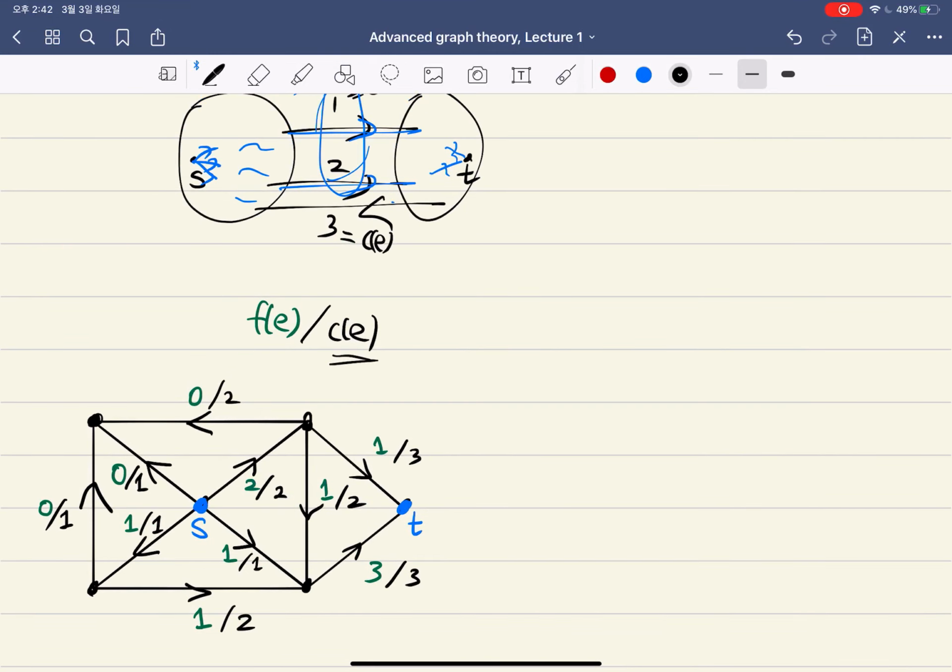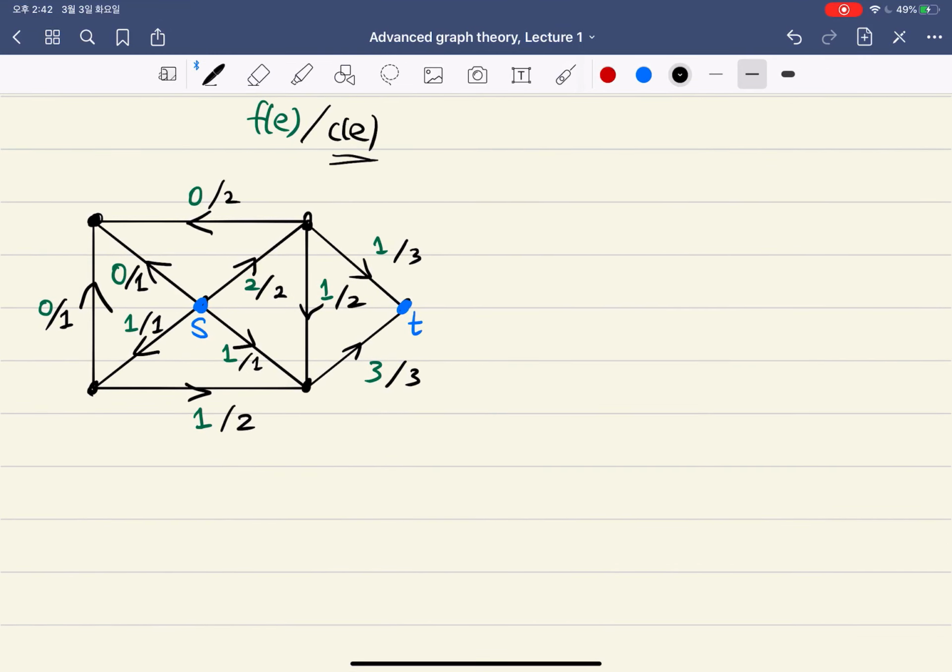So now our interest is that we want to find the maximum flow. For a given network, we want to find the maximum flow, and we want to find it in some efficient way. Then we need some tool.